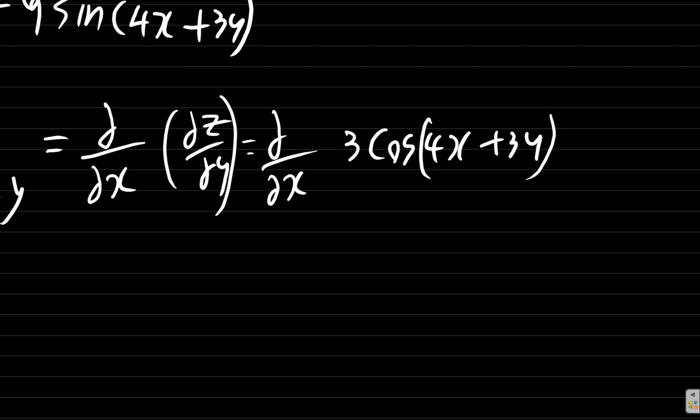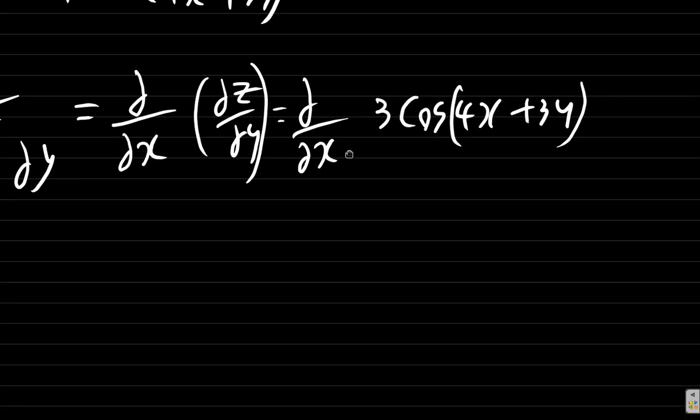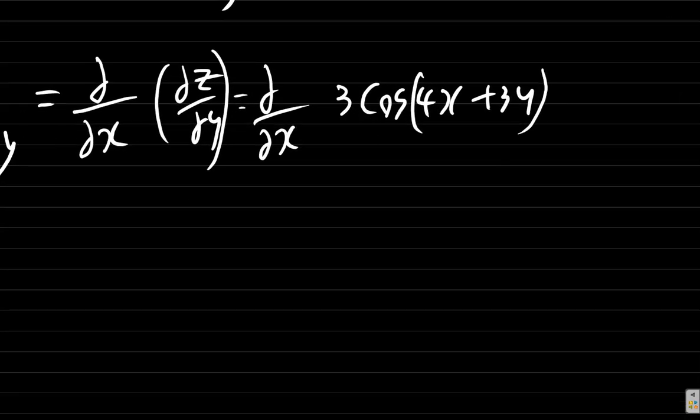We want to differentiate this with respect to x. So here, using the chain rule mentally again, we have 3 cos of something. When you differentiate the cos of something, you get negative sine of that thing.